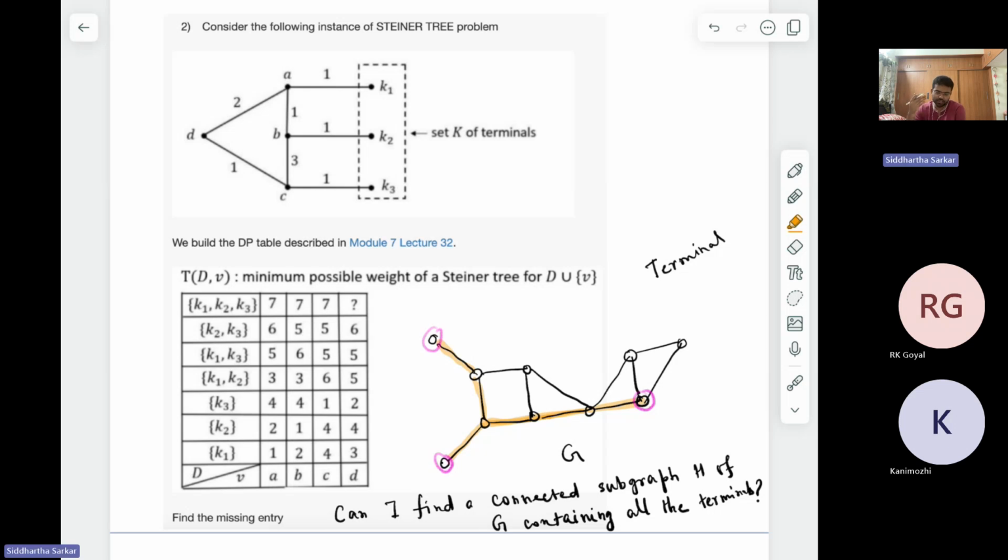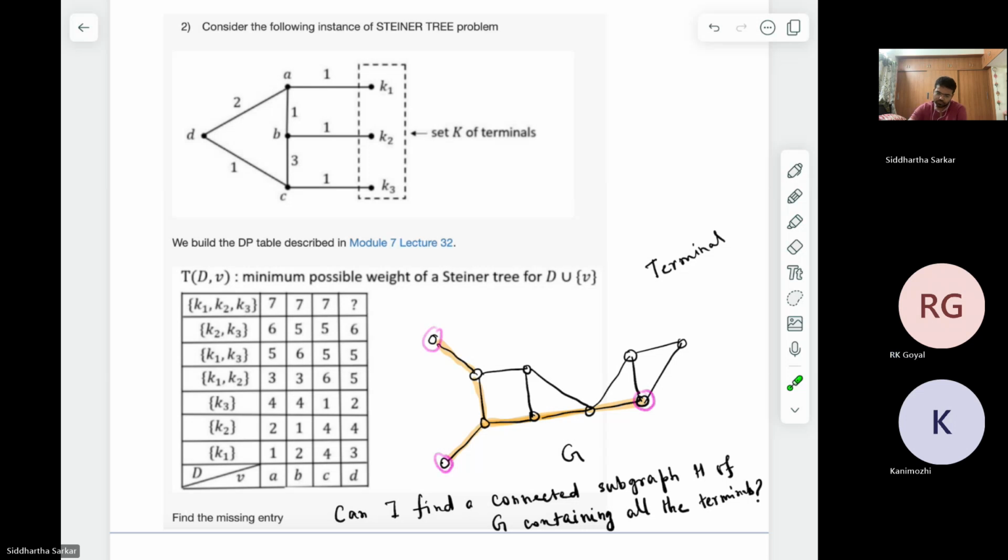Let us ask that question. In this figure, we have a graph, we have specified the terminals, and we have also shown a subgraph H. Is this the minimum number of edges that we could draw to ensure that all these three terminals are connected? Yes, it is a solution, and further it will also depend on the weights assigned to the edges.